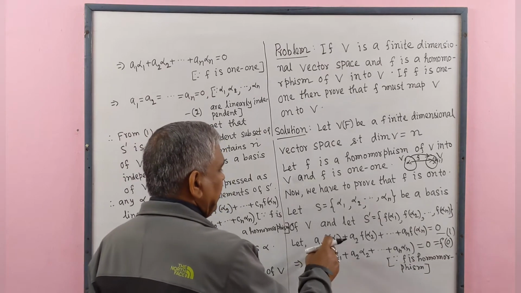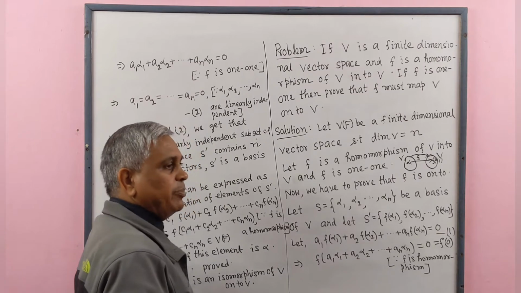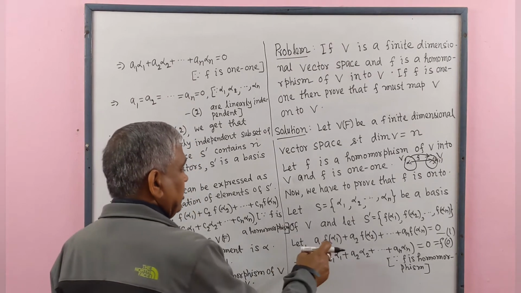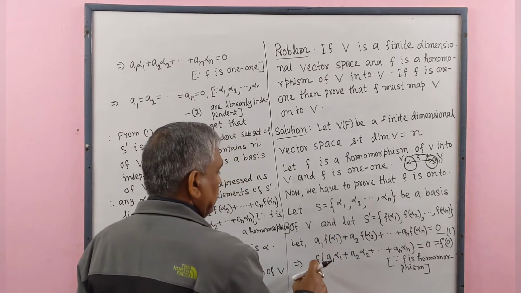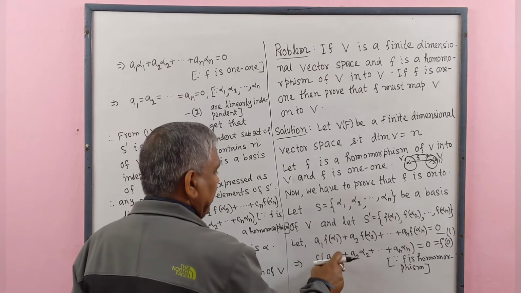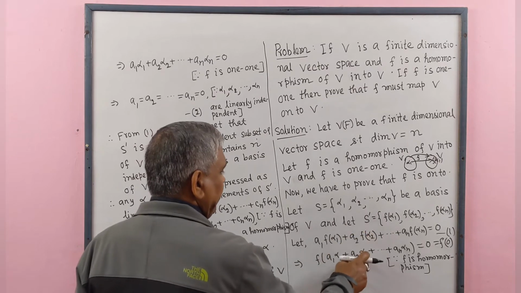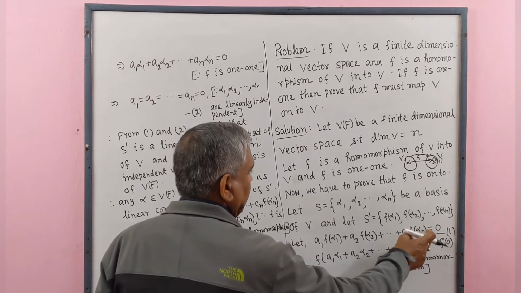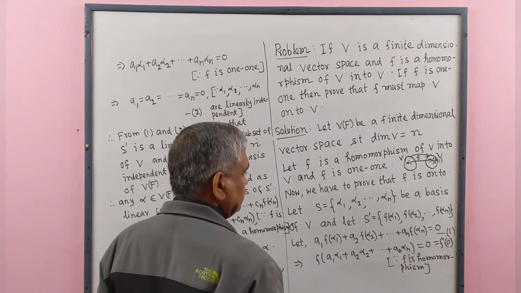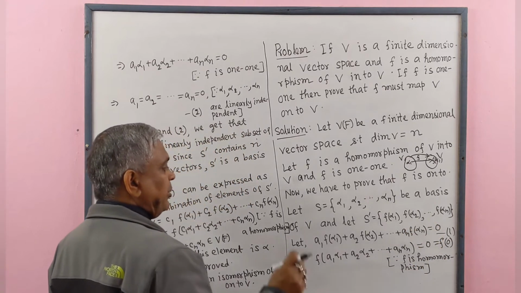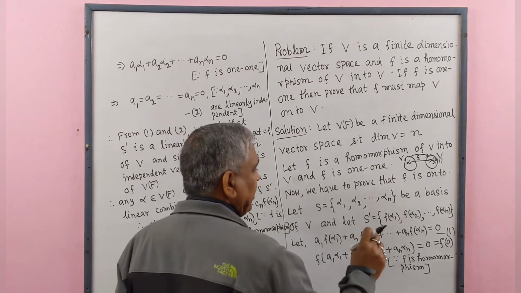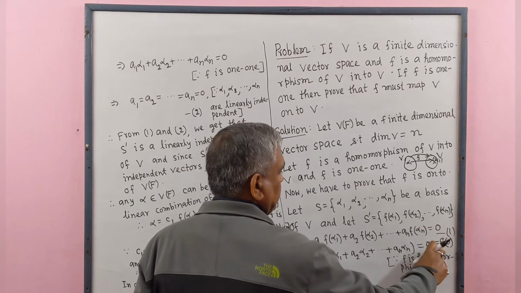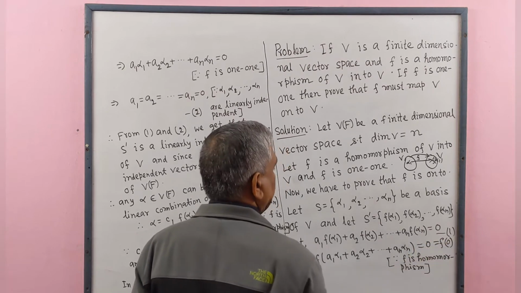Since F is a homomorphism, that is F is a linear transformation, therefore this equals F of A1 alpha 1 plus A2 alpha 2 plus dot dot dot plus An alpha n, and the right side is 0. Since F is a homomorphism, therefore we may write F of 0 equal to 0. So here we have written F of 0.